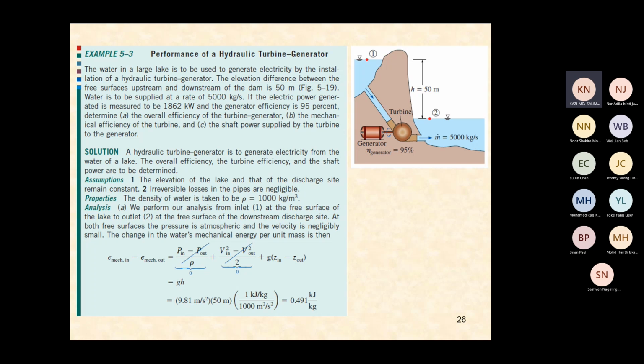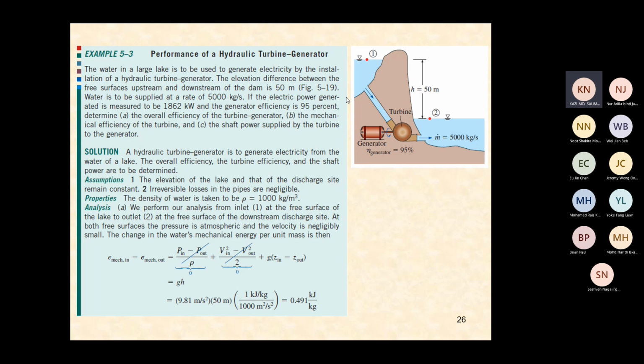This is nothing but our previous equation, plus the kinetic energy difference, V in squared minus V out squared by 2, plus g into Z in minus Z out. This is basically the potential energy difference.